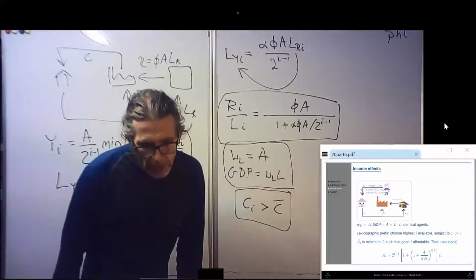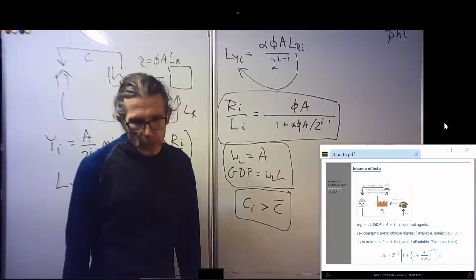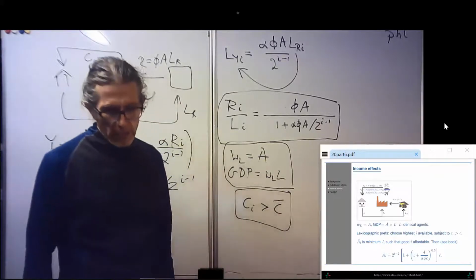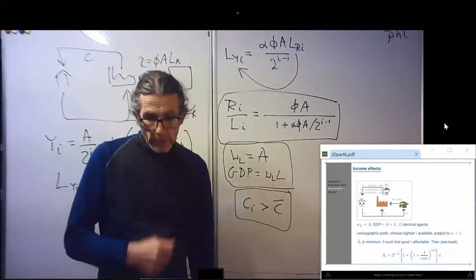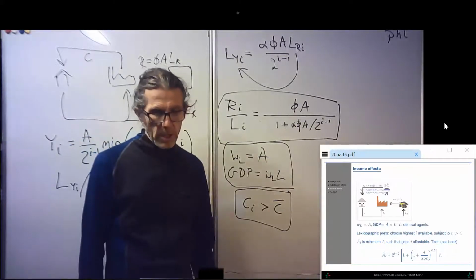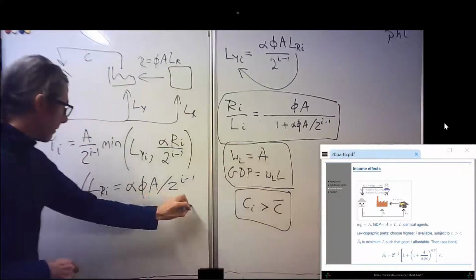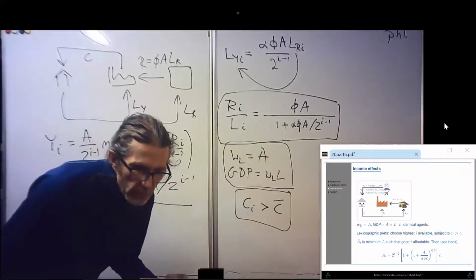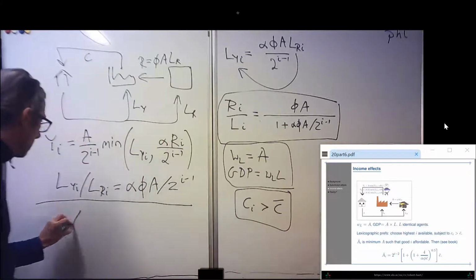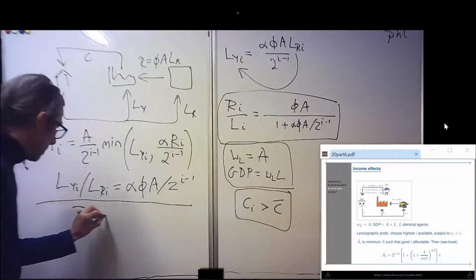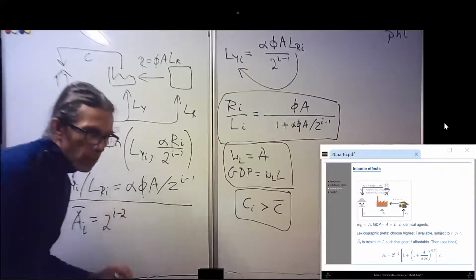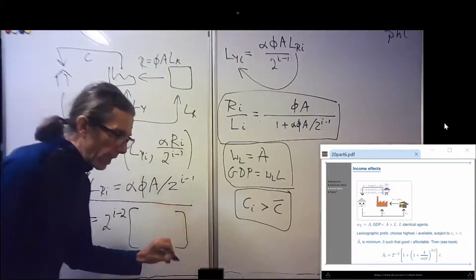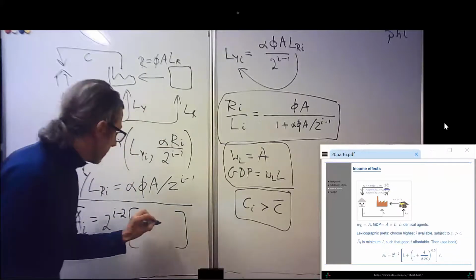And if we define then A_I bar as the minimum A such that good I is affordable, then we can work out the following expression for A_I bar. And I'm not going to go through it. Okay. So what do we get? We get that A_I bar is 2 to the I minus 2 times the square bracketed thing times C bar.